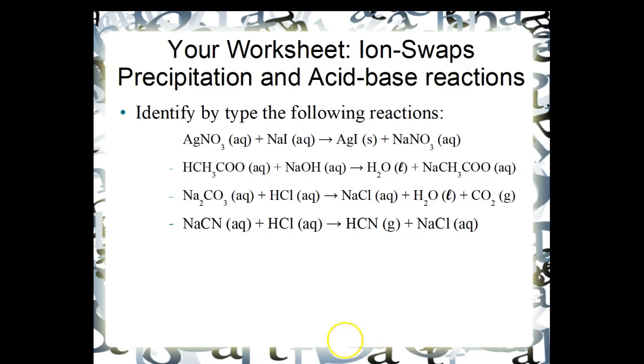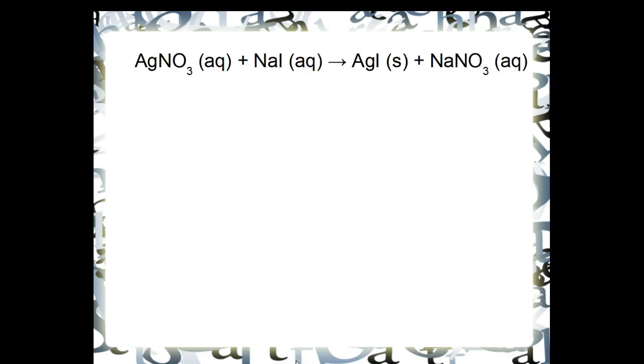Sodium carbonate reacting with hydrochloric acid, there will be 2 moles of that, to form 2 moles of sodium chloride in solution, liquid water and carbon dioxide gas. And aqueous sodium cyanide reacting with aqueous hydrochloric acid to form hydrogen cyanide gas and sodium chloride solution. We'll take the first one first.